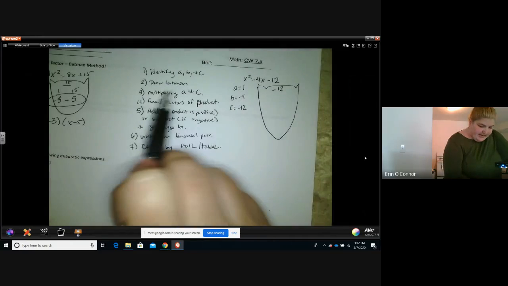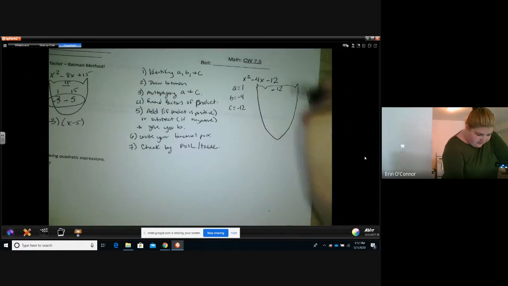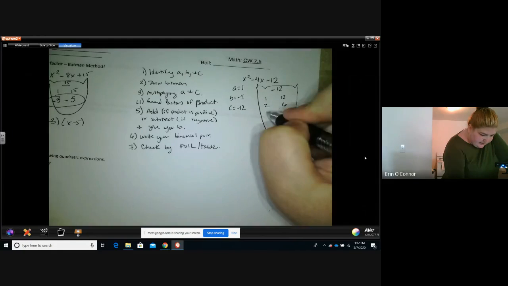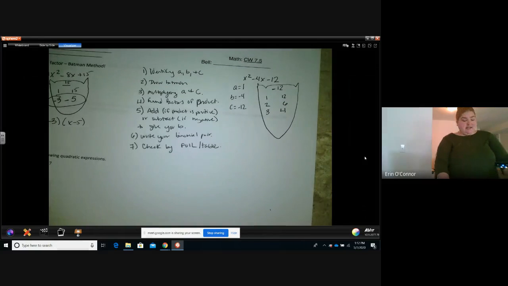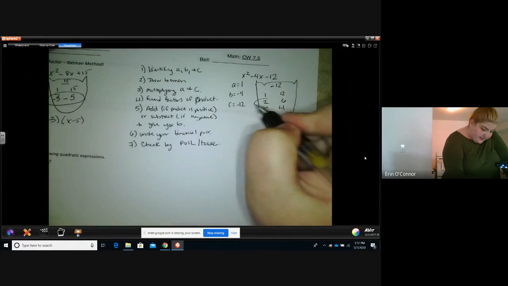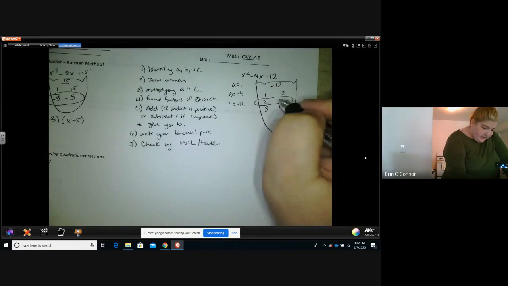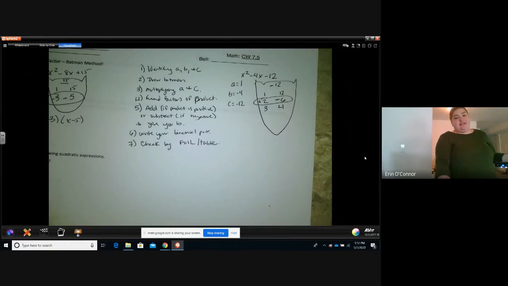I multiplied A and C. Now factors of, we're just going to say 12, eventually it'll be negative 12, are 1, 12, 2, 6, 3, and 4. Now I need them to subtract to give me 4. Which of these are going to subtract to give me 4? 2 and 6 are going to subtract to give me 4, and I need it to be a negative 4. So the 6 is going to be negative, and the 2 is positive. Negative 6 plus 2 is a negative 4.